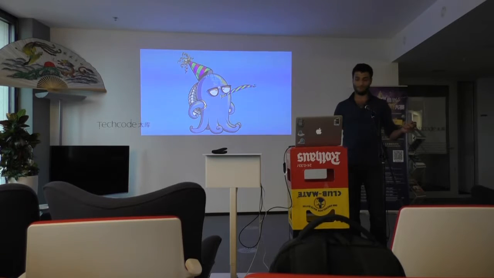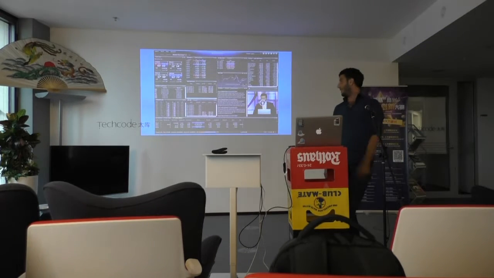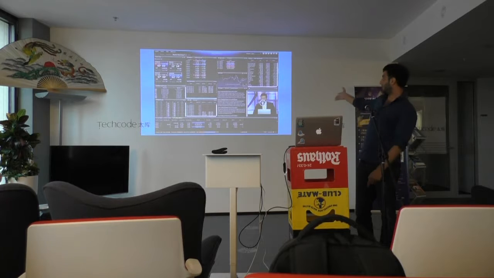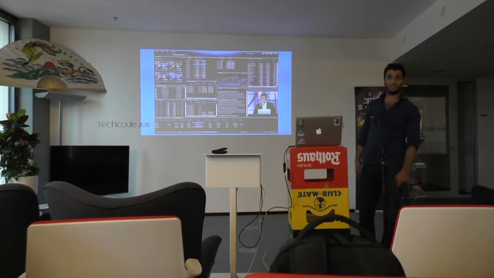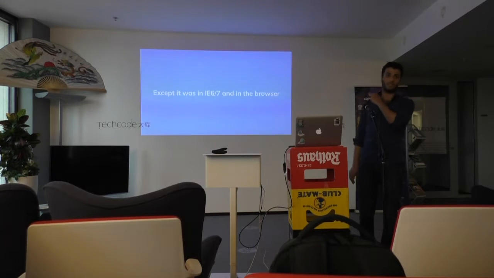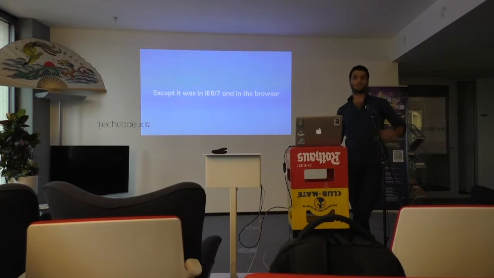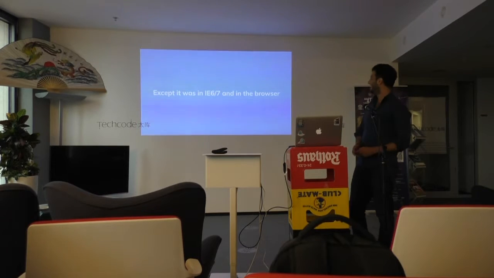So that's awesome. The problem with that, however, was I was working on this for about 2 or 3 years, and it's an FX-based trading application. And the catch was that it was based on IE6 and IE7. So everyone who now thinks there's issues in Node.js performance or JavaScript, they have no idea.